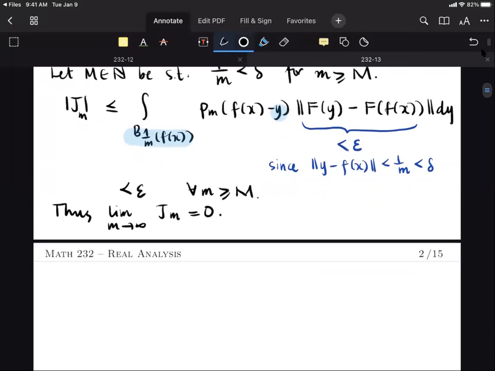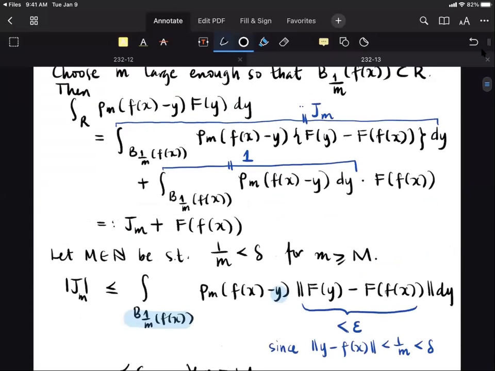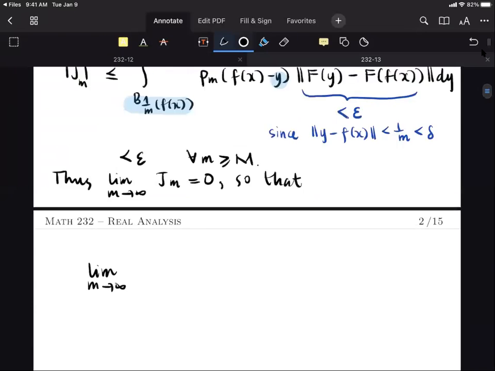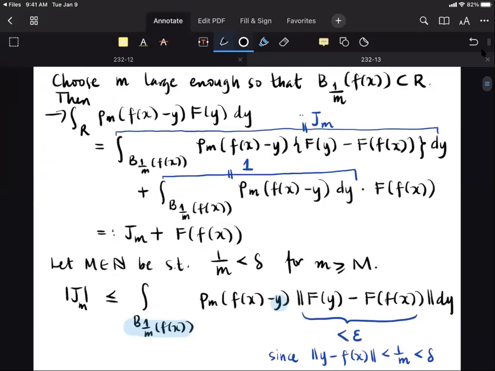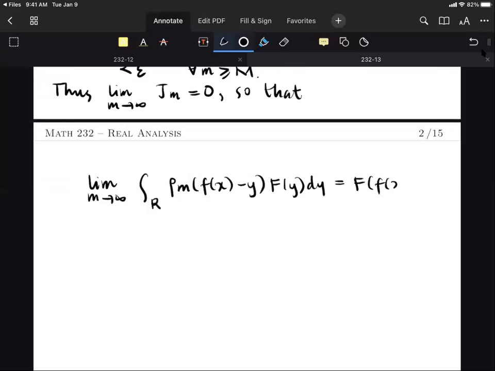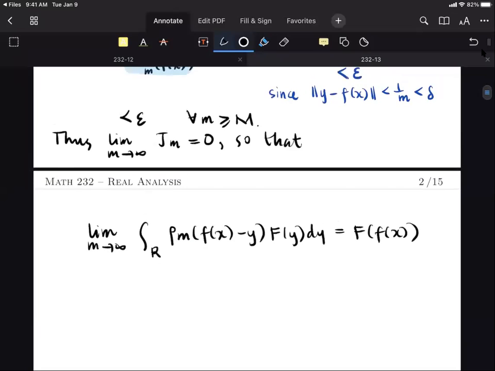And in particular, looking at the limit here, as m goes to infinity of this one, performing the limit, we will have the following. Since jm tends to 0.